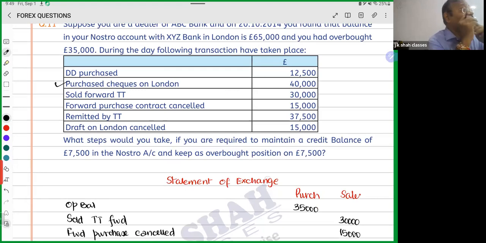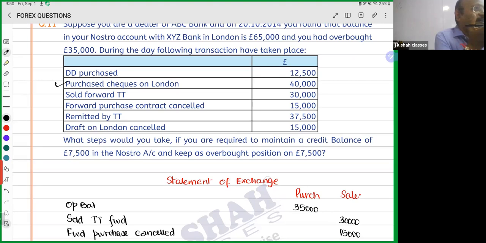Purchase check for London. Yes, check purchase done. Understand, you have to all realize that a check is just another form of bill of exchange, right?